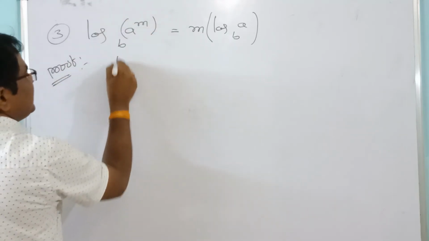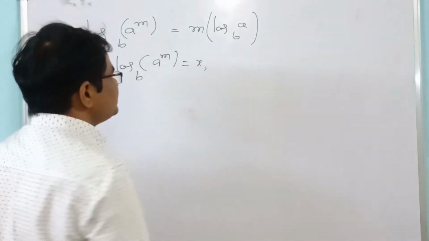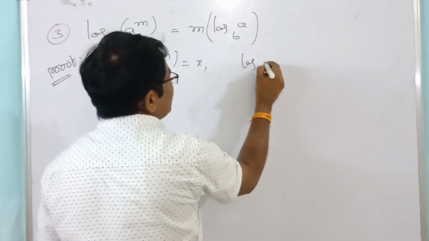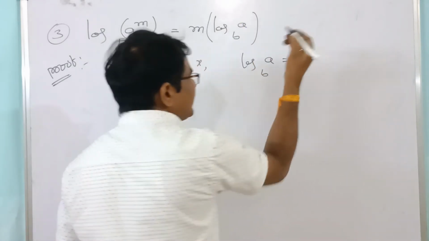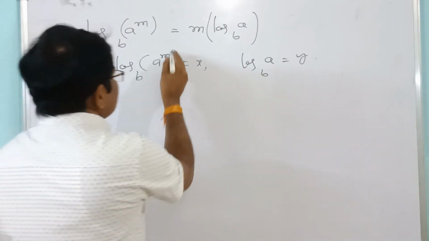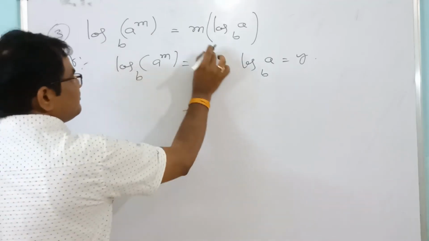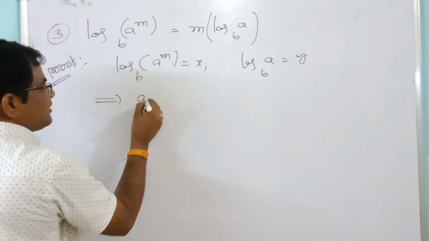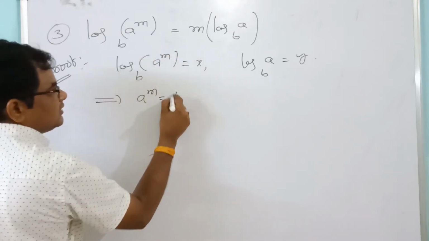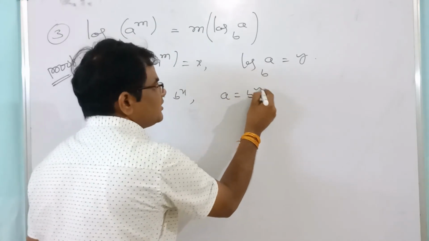Same, take the total log of a power m to the base b equal to x, and take log of a to the base b equal to y. Now this is in logarithmic form. Convert into exponential form. From this, a power m equals b power x, and a equals b power y.